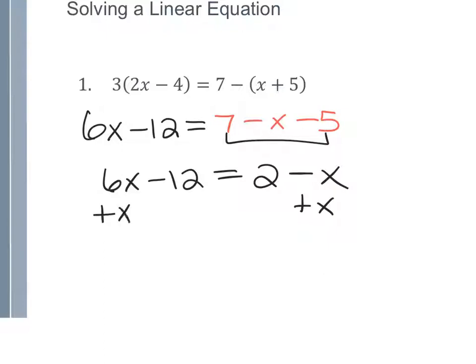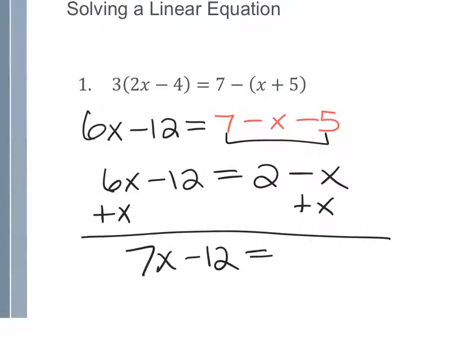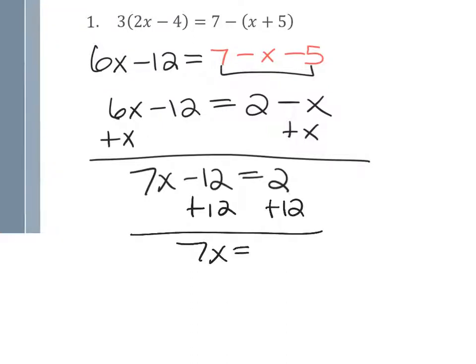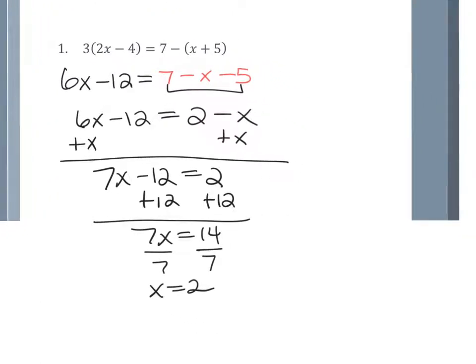So I'll move the x over here, and I get 7x minus 12 equals 2. Then I'm going to add the 12. 7x equals 14. Divide by 7. And x equals 2.